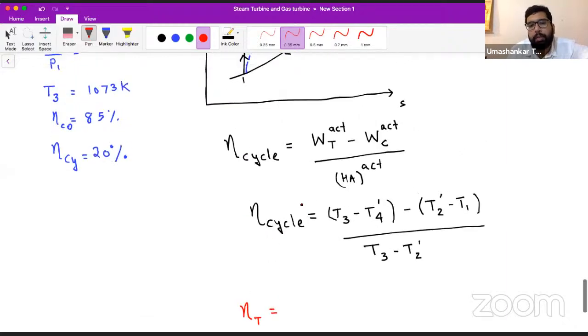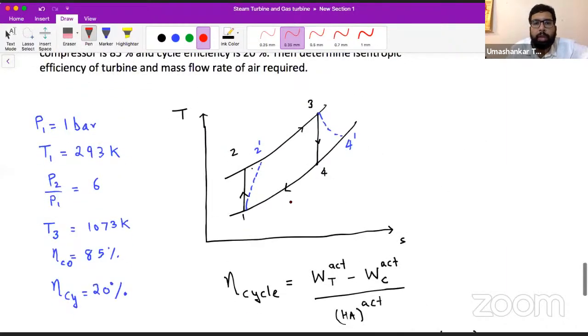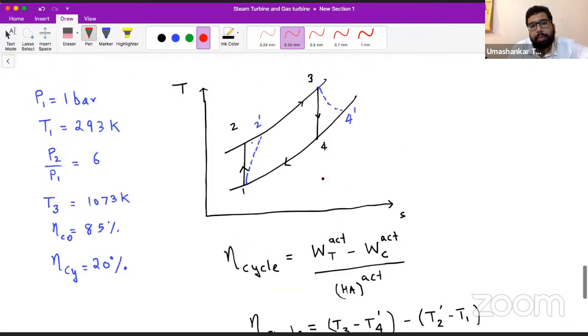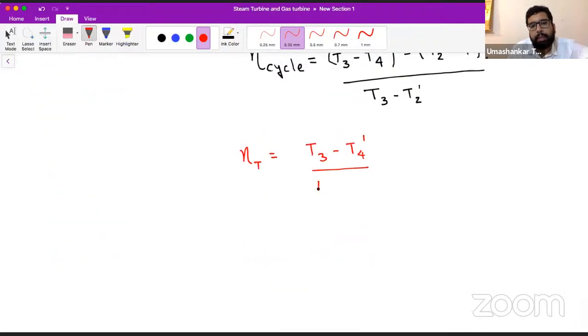What is the isentropic efficiency of the turbine? It will be actual by ideal, because the actual work is less. You have to associate your isentropic efficiency with the loss. So it will be T3 minus T4 dash divided by T3 minus T4.